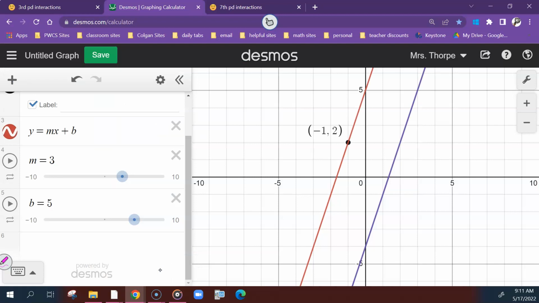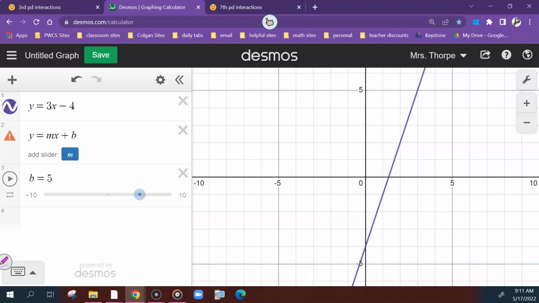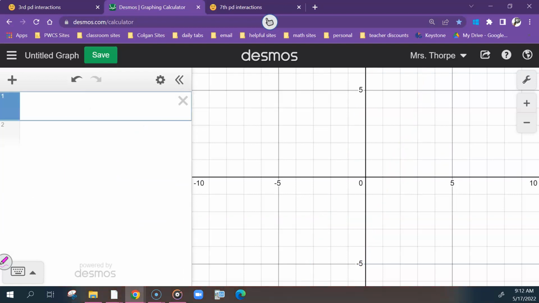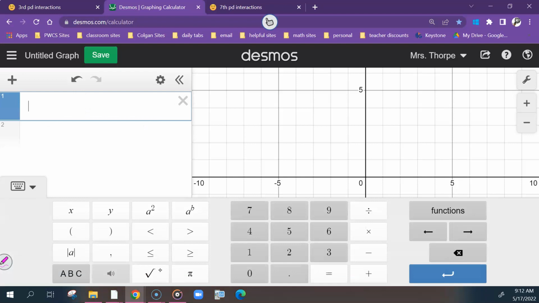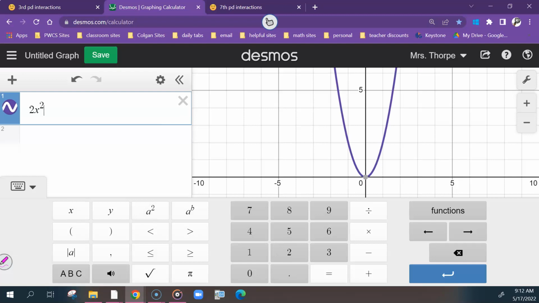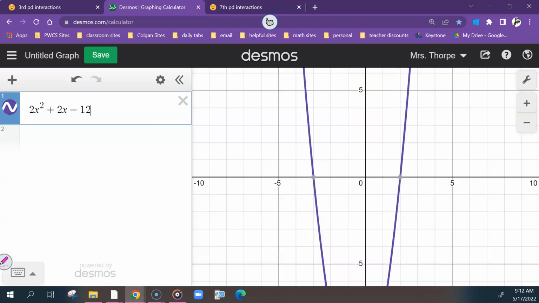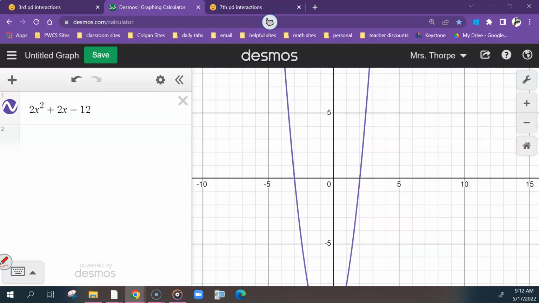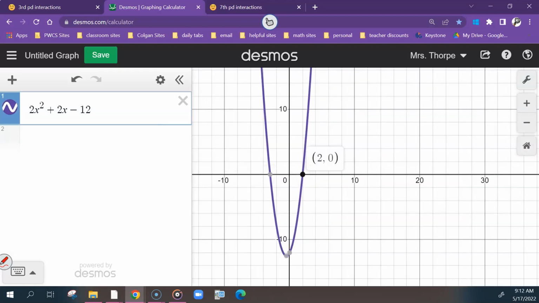For 8, we're looking for the intercepts, so that means x and y of this function. You can put in the f of x, but you don't need it. 2x squared plus 2x minus 12. You may need to move this or zoom out to find your y-intercept depending on the function. So those would be your x-intercepts, and that would be your y-intercept.